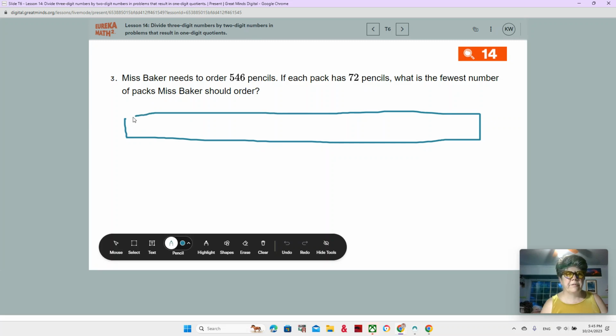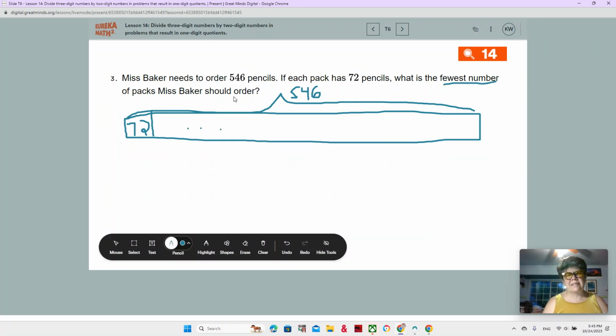She needs to order 546 pencils. So our tape diagram is going to represent 546, right? And each pack has 72 pencils. So I know that there's a pack and it has 72 pencils. And what I don't know is how many packs she needs to order.